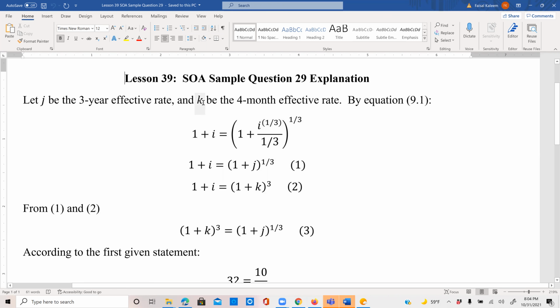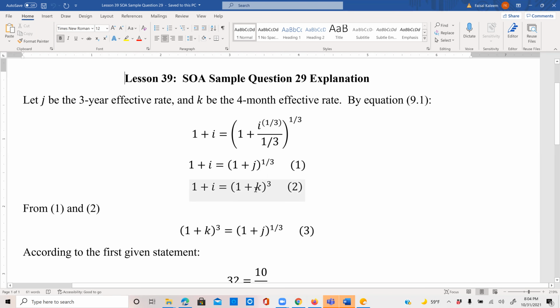And similarly, if K is the 4-month effective rate, remember the second perpetuity was paying every 4 months, so for that we need the 4-month effective rate. Let's call that K. If it's paying every 4 months, then we have 3 compoundings a year. That's why we have power 3 here. So 1 plus I equals (1 plus K)^3.